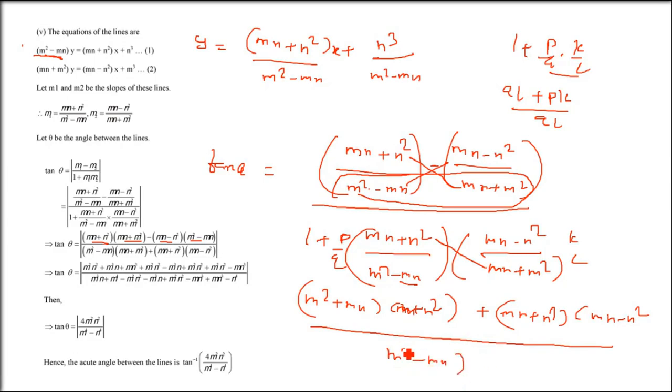There is a plus minus correction. Denominator you have this m square minus mn and mn plus m square. These two get cancelled. So you have mn plus n square into mn minus n square. Denominator also you saw this. So in the denominator you have m square minus mn and mn plus n square. And then we have this second part is mn plus n square into mn minus n square.